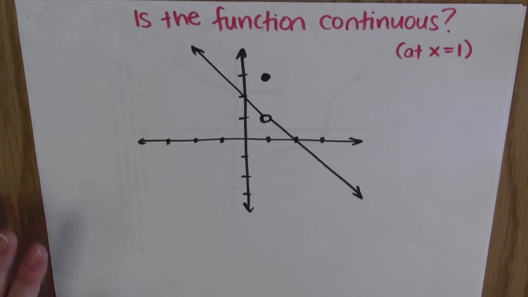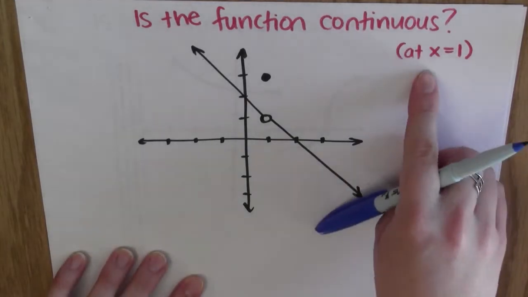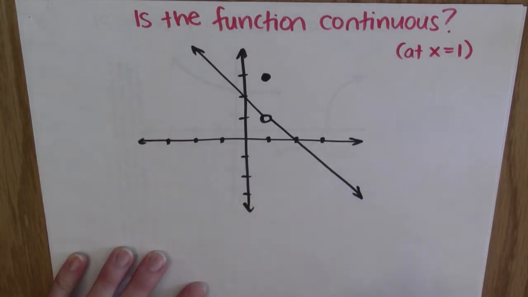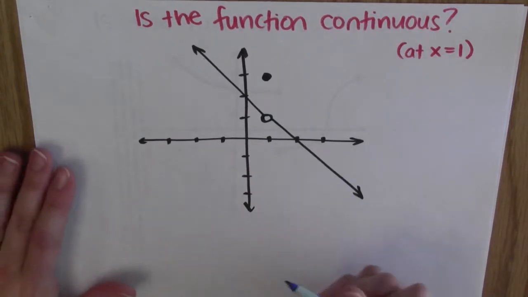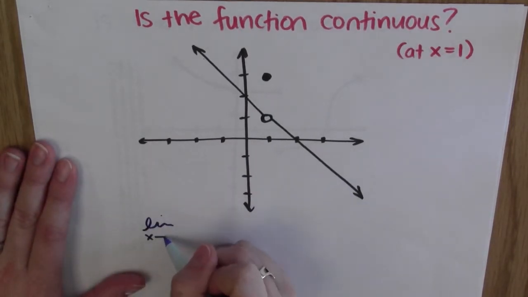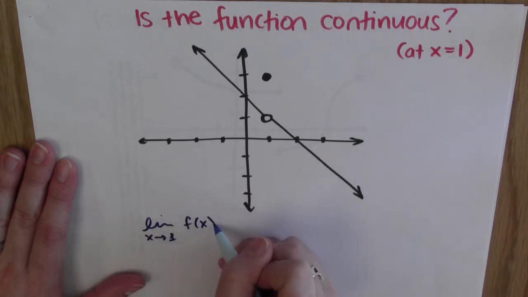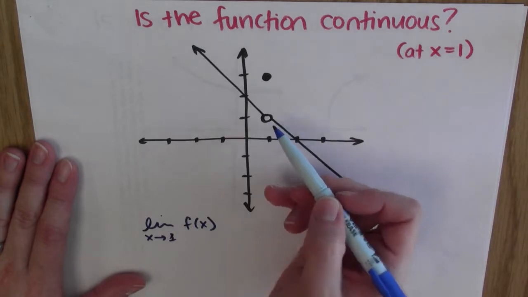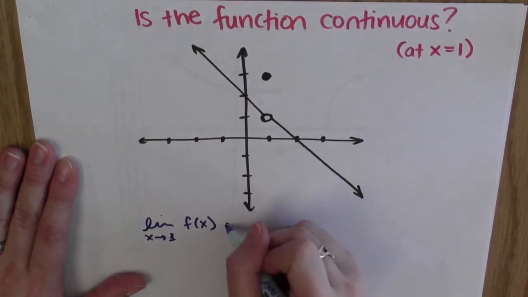Here's another example. I asked myself the question, is the function continuous? Here, I'm interested in the specific value of x equals 1. So let's look at what happens at x equals 1. Well, the limit as x approaches 1 of f of x, I look at this graph and I see here from this side I'm approaching 1, and this side I'm also approaching 1.